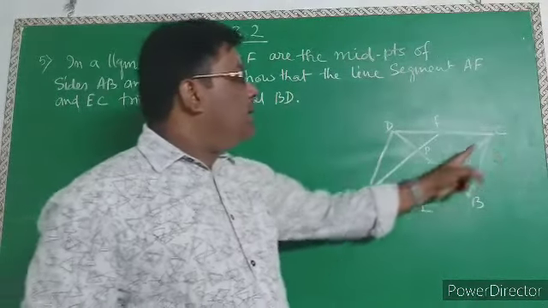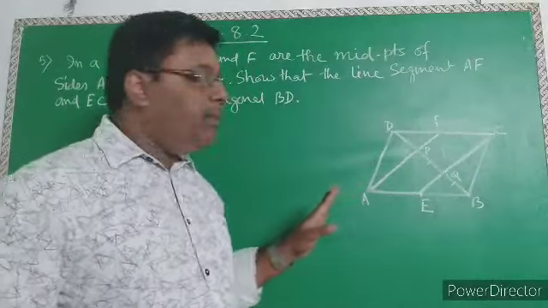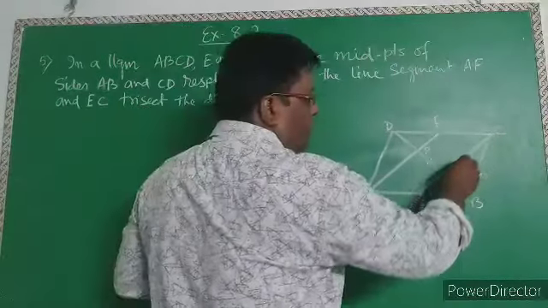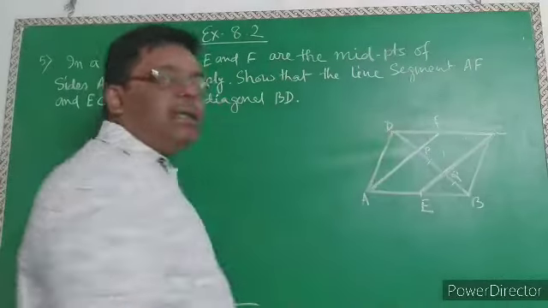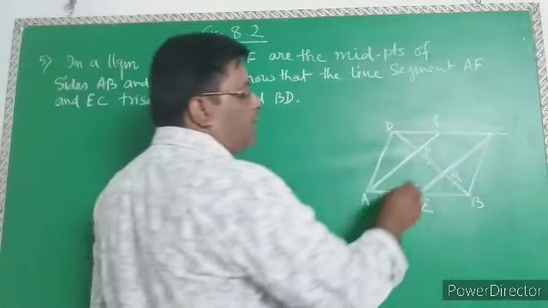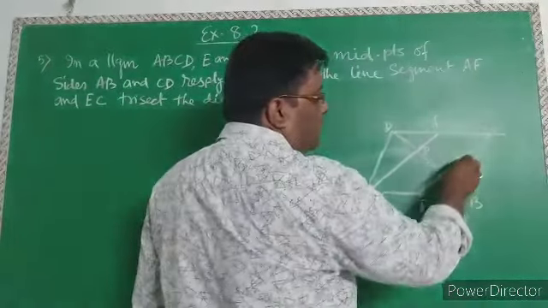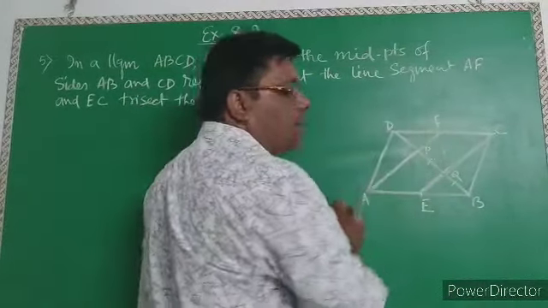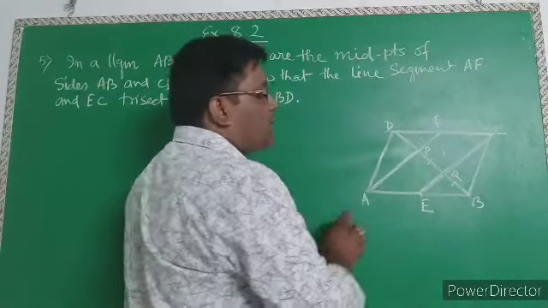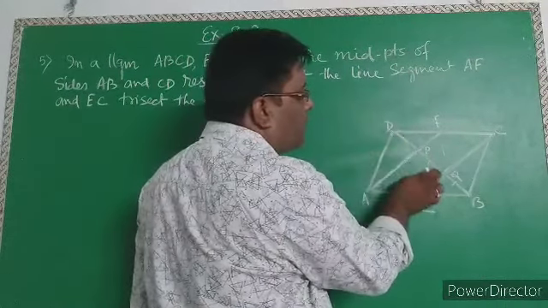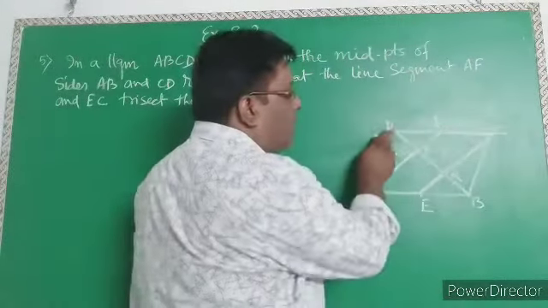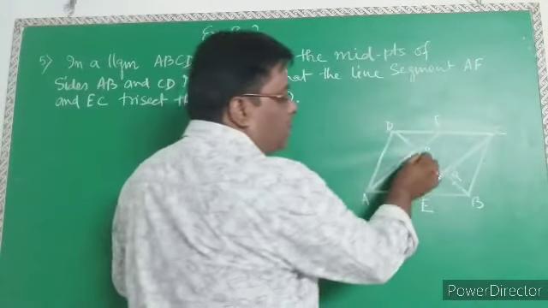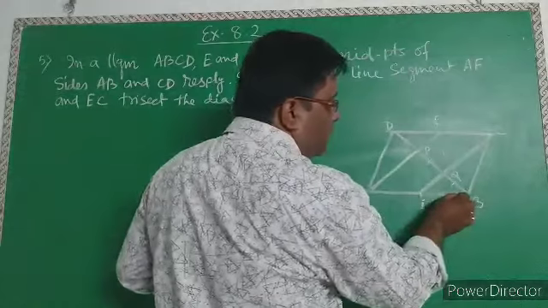So AECF is a parallelogram. That means AF and CE are also parallel. That means from this triangle, CQ and FP are parallel. And since F is the midpoint of DC, P is the midpoint of DQ. That means DP and PQ are equal. Next, we will take this triangle.